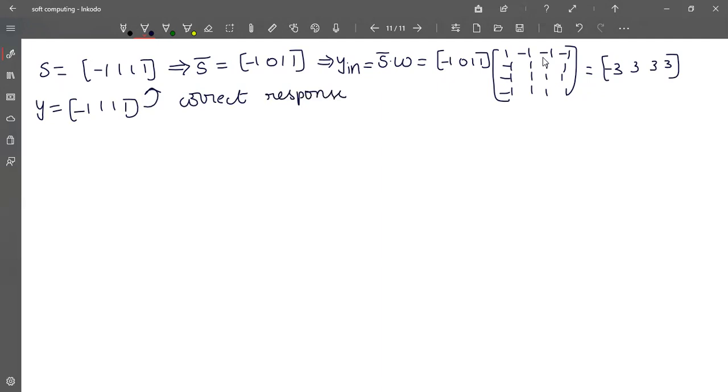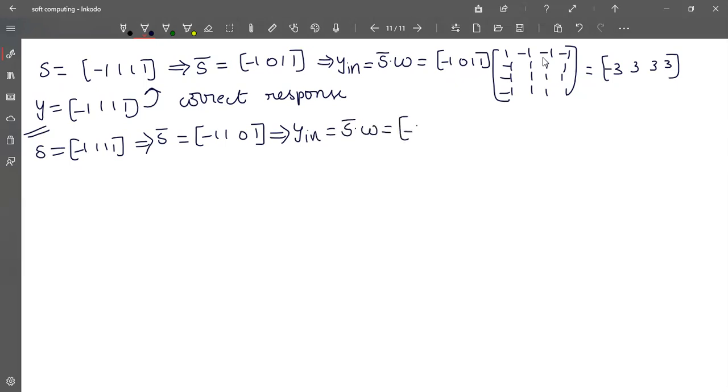Now miss the third value. Our initial input is this, and if I miss the third one, our test input will be this, and let's find y input. Net input value will be computed like this: 1 minus 1 minus 1 minus 1 minus 1 minus 1 1 1 1 1 1 1 1 1.